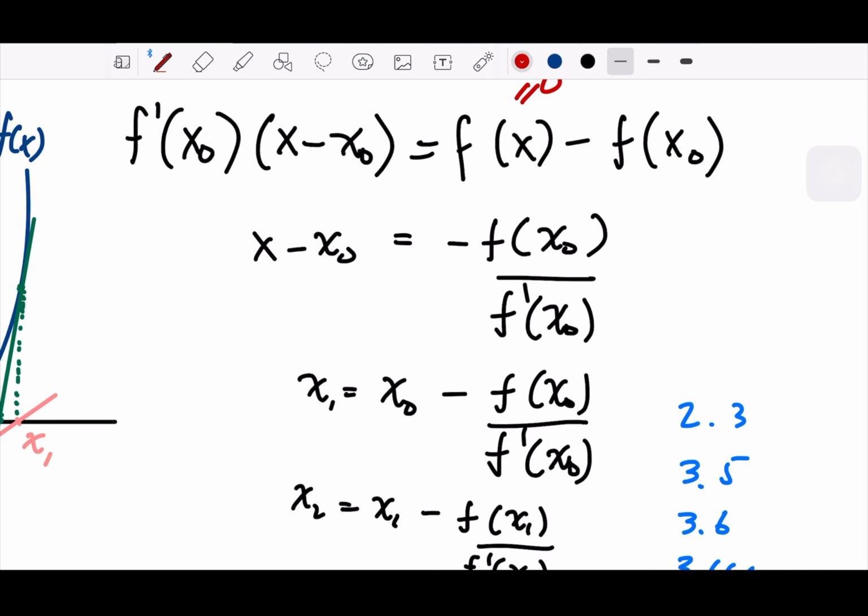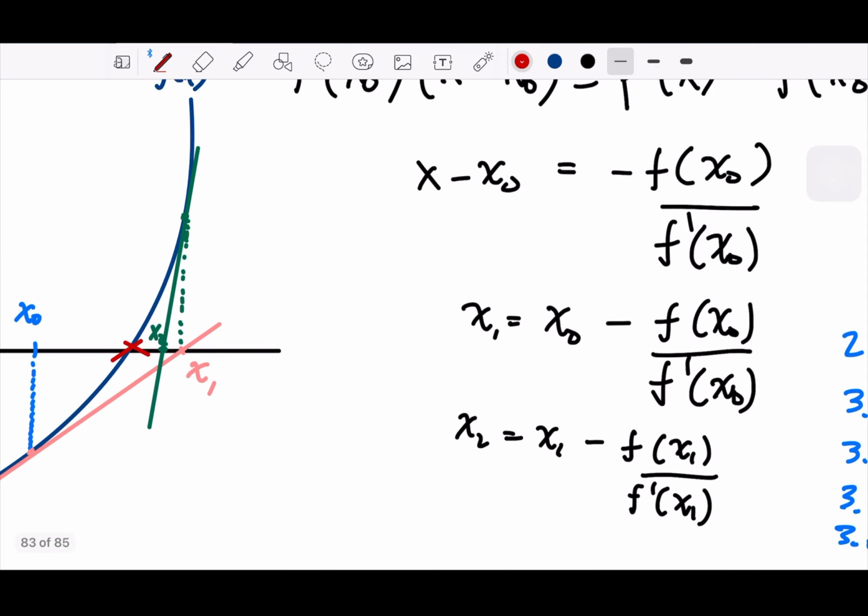Check x2. When you have several trials, maybe until x4 or x5, you see some consistency in your numbers. Then that is probably your approximation of the root. I think that's Newton's method.